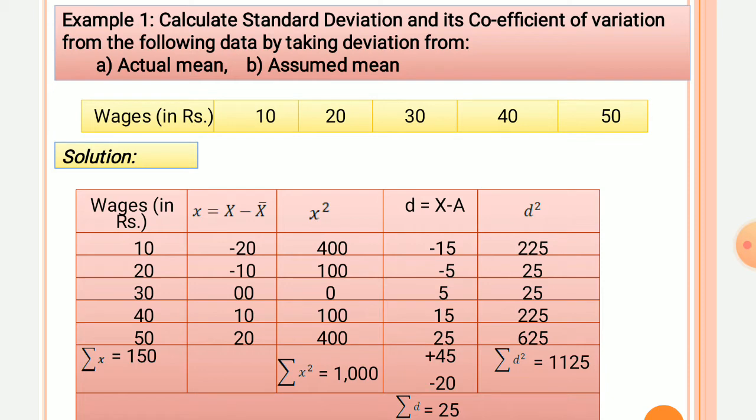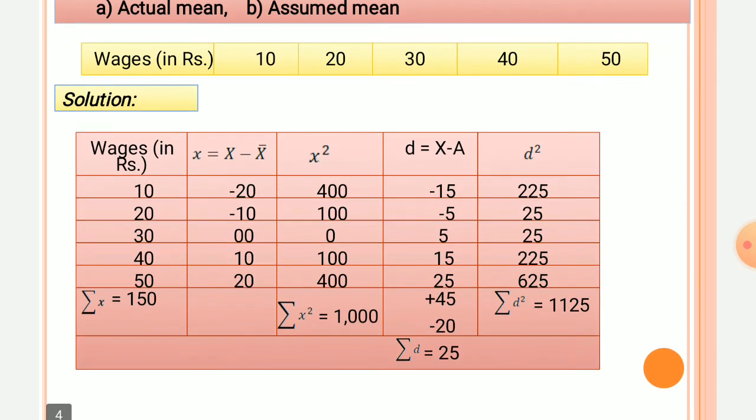The given values are shown in the first column as x. In the second column, we make the difference of all the given values from x bar. Therefore x is equal to x minus x bar.